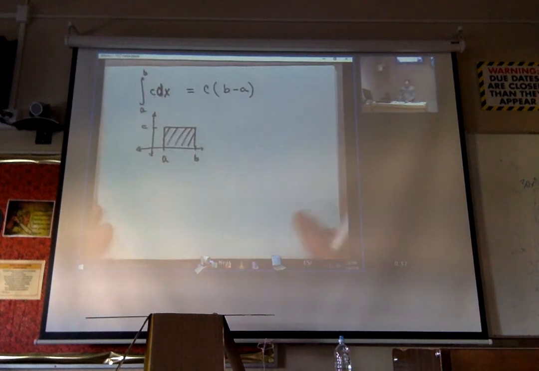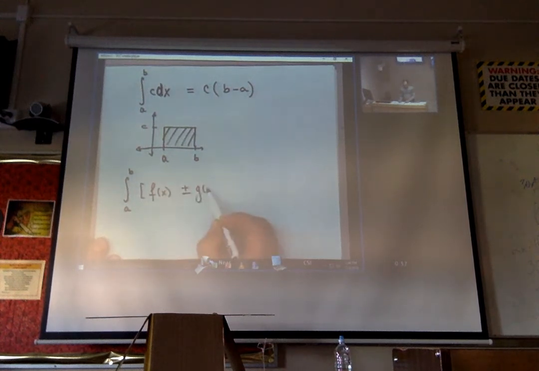And the last property for the equality, meaning equal sign, is this. The integral from A to B, and inside we have two functions. But overall, we don't have to be limited to only two functions. I can have many functions here, like f of x plus g of x minus h of x plus k of x, whatever I want to put.